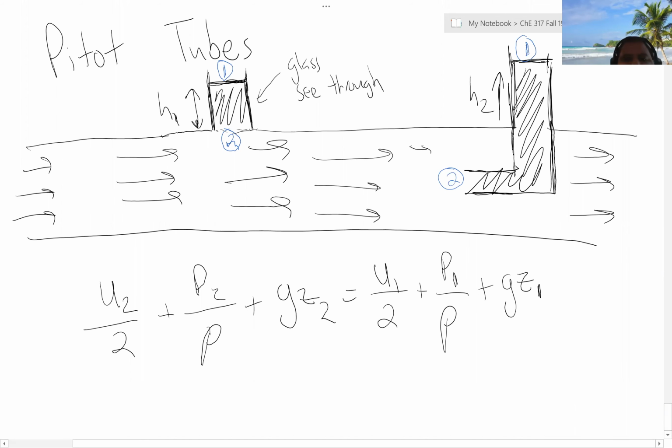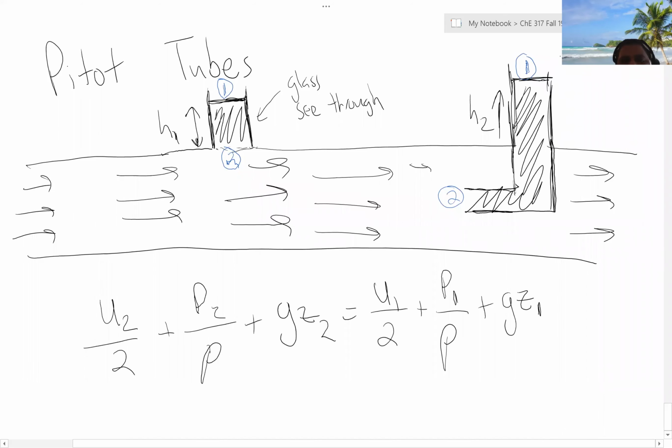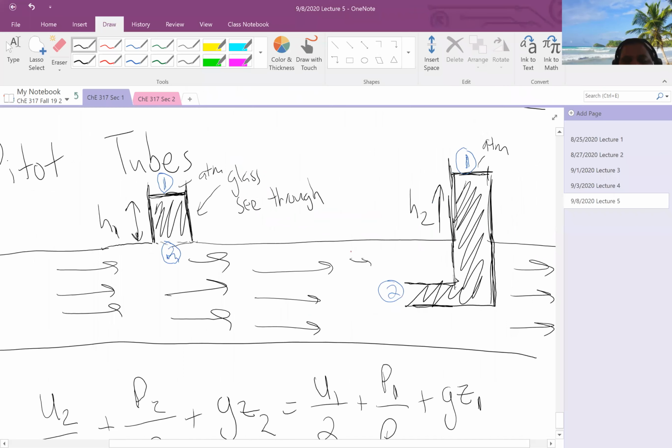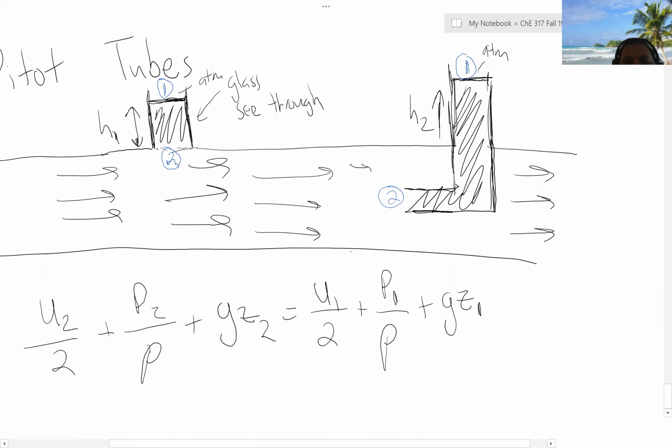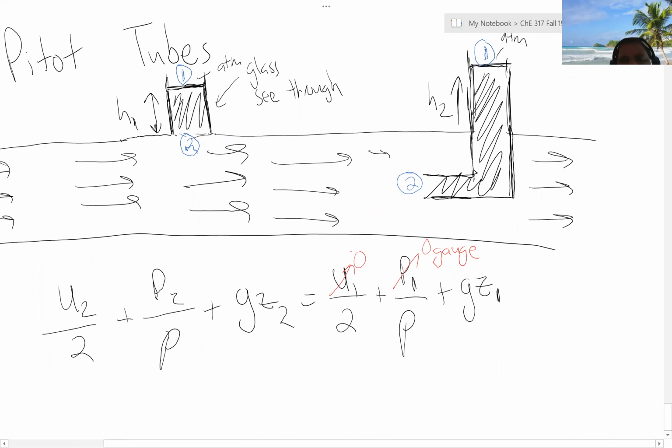First, I'm going to assume both this is atmospheric and this is atmospheric, so I can make this easier and say this is 0 gauge. Now the velocity at the top of that tube is going to be 0. The height difference between Z1 and Z2 is just going to be H1.